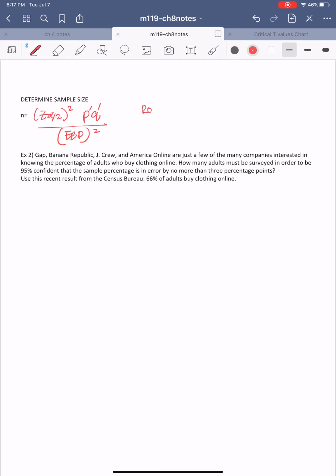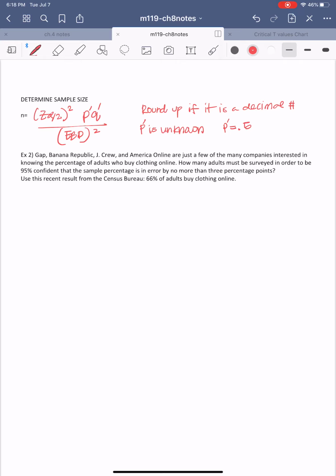Again, same thing: round up if it is a decimal, because we like to count whole numbers. Another thing is, sometimes your p hat is not known, then use 50%. We'll just say half-half, half success, half failure. But if p hat is given in the problem, use that number.